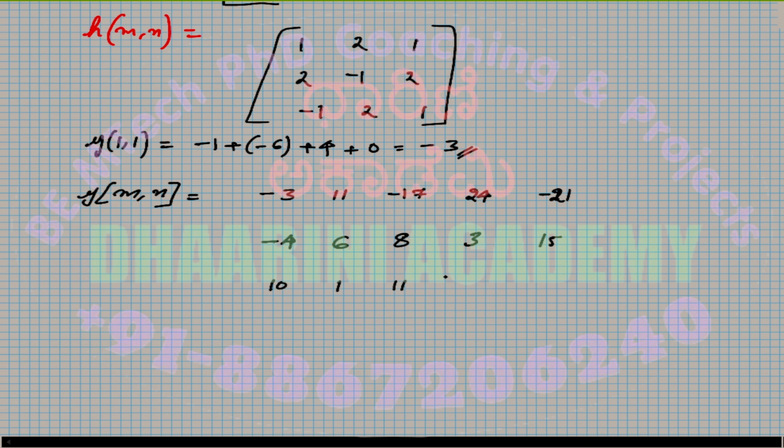Okay, 6, minus 3. Okay, then we move on to the 4 comma 1 position of y.